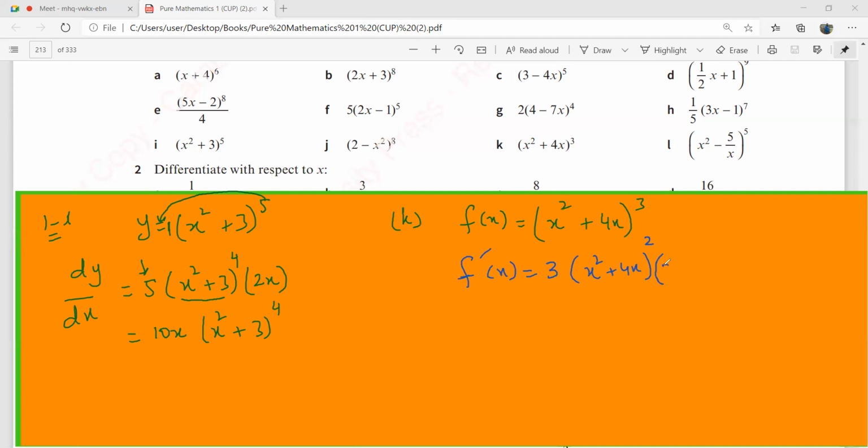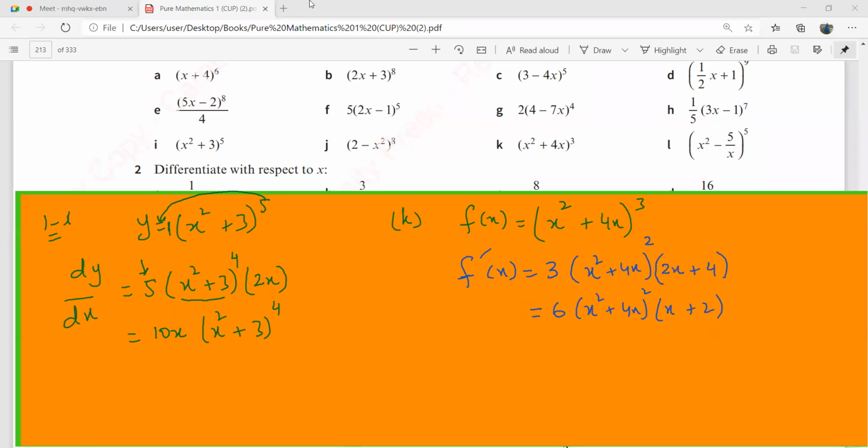So this is going to be 2x plus 4. Okay, and if you want, you can take a 2 common from here. So this will make it 6 into (x squared plus 4x) squared into (x plus 2). That is the final derivative of this k part.